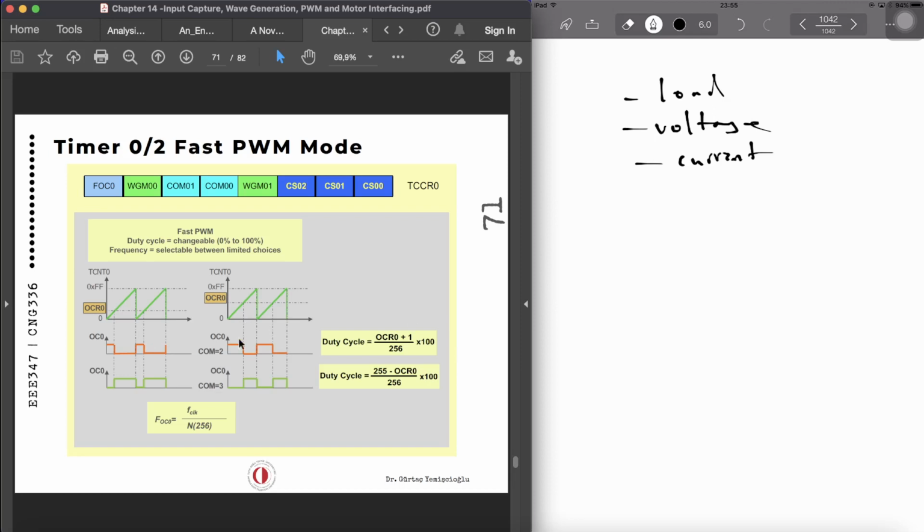And this is showing another one where we have got an increased OCR value. So we'll have an increased duty cycle over here, and as you can see, a decreased duty cycle in the inverted mode. And we will use these formulas.